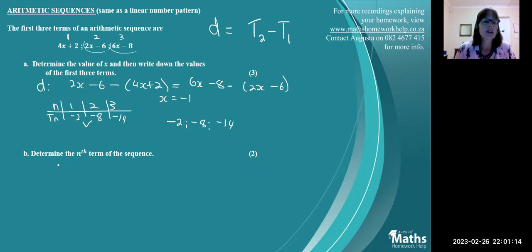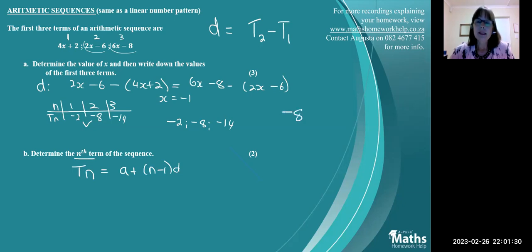The last question says determine the nth term. The term n is a plus n minus 1 multiplied with d. To find the constant difference here, please make sure that you take the second one minus the first one.